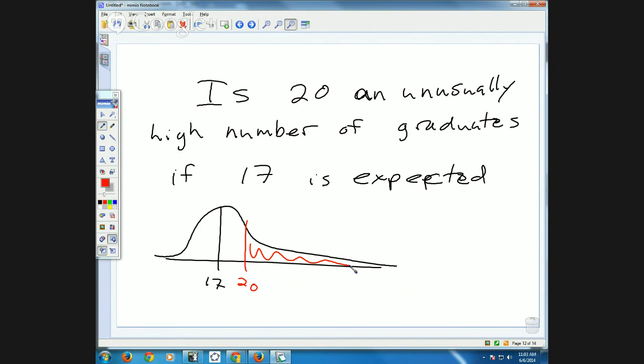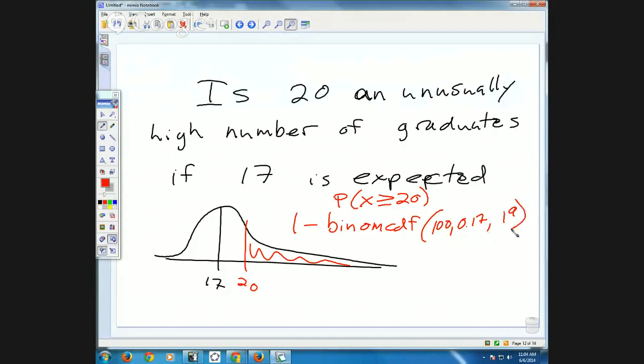Yeah, so this would be 1 minus a binomial CDF, because I'm trying to find the probability that x is greater than or equal to 20 here. And then n is 100. P is 17%, 0.17. What's x going to be here? 19. You are wonderful today, Alan. Good job.